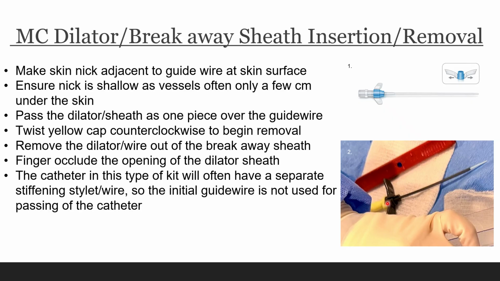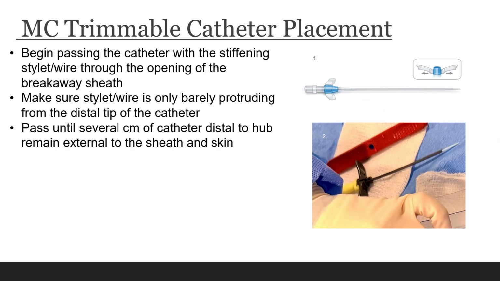And again, we're going to back up, but remember, we've got that catheter with the wire stylet in it, and now we want that wire stylet just protruding from the trim piece that we made earlier. So now in our process of this trimmable catheter product, we still have the patient, and we've got this sheath all the way to the hub with the wings protruding, and we've finger occluded that sheath.